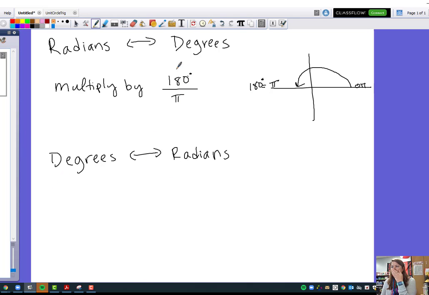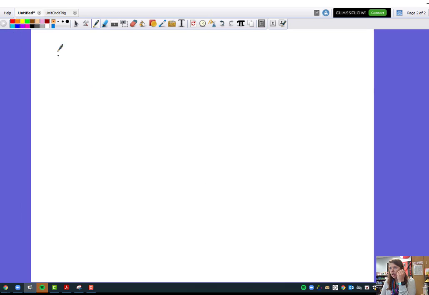Degrees to radians is the reciprocal of that, so I'm going to multiply by pi over 180 degrees. This is the gist of everything that we're doing in this lesson today. So let's do a couple of examples of that.